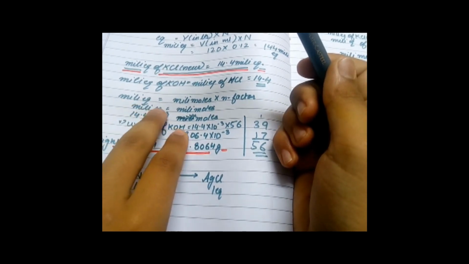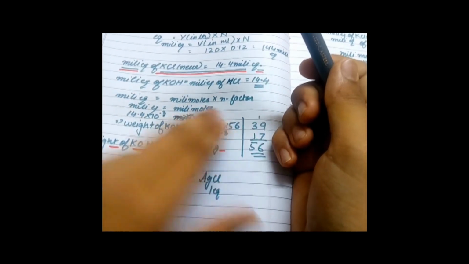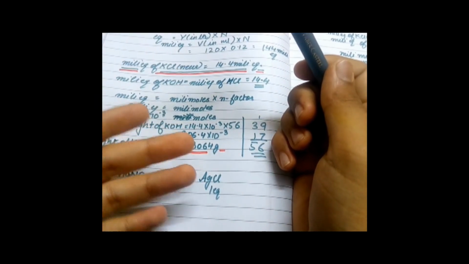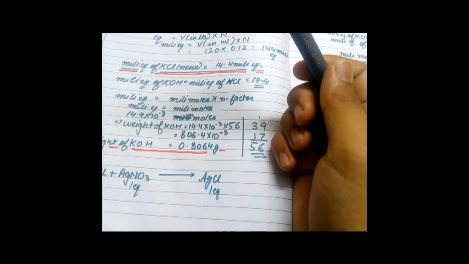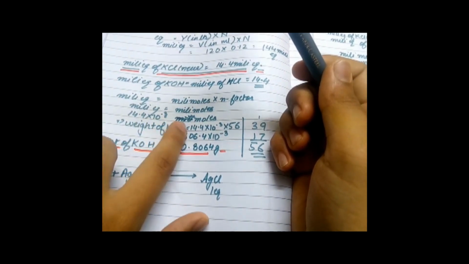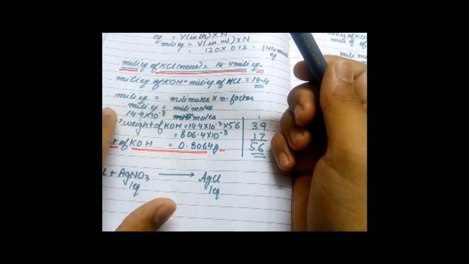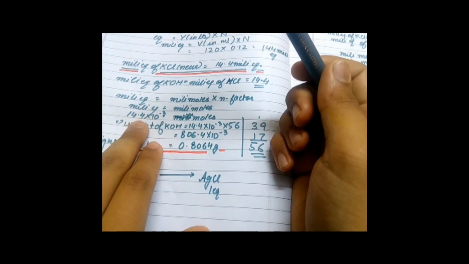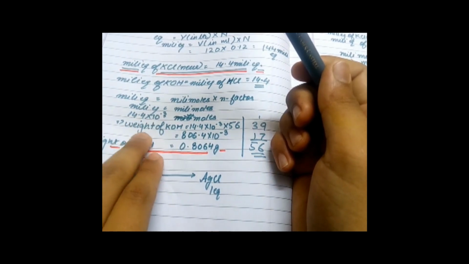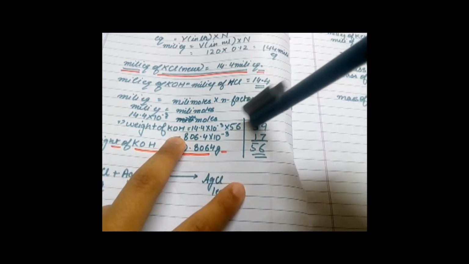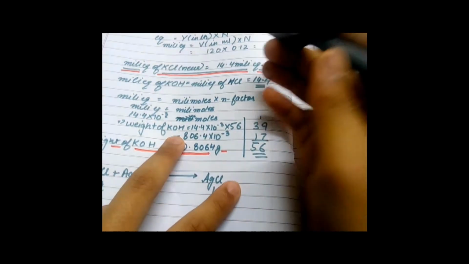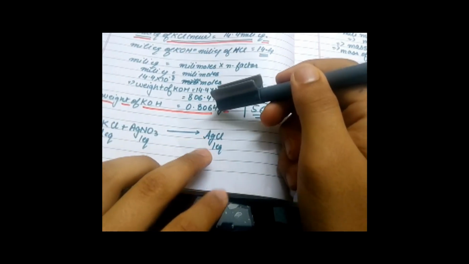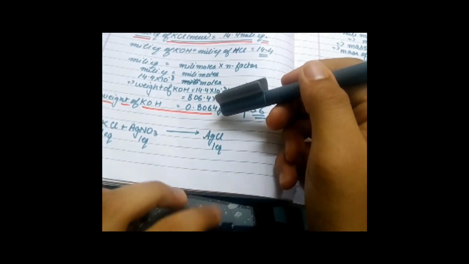Then we use the formula that milliequivalent equals millimoles into n factor of KOH, as it is a base and it has only a single OH replaceable, so the n factor will be 1 here. So from here we found that the millimoles is equal to the milliequivalents, and the moles will be equal to 14.4 into 10 to the power minus 3, and the weight of KOH will come when we multiply it by its molecular mass. From here we get that the weight of KOH is 0.8064, and here the first part of our question is solved.